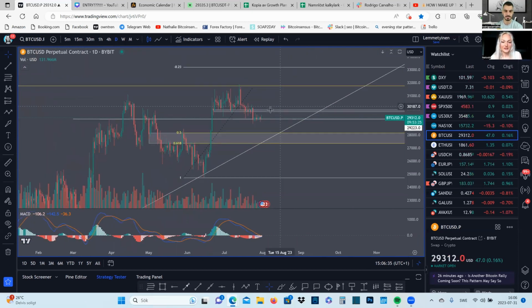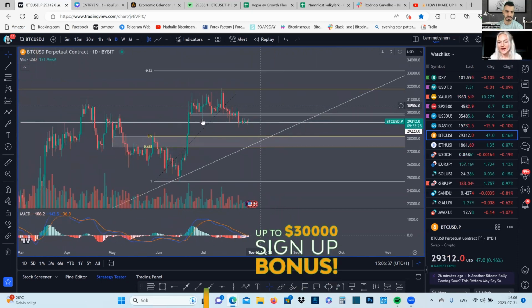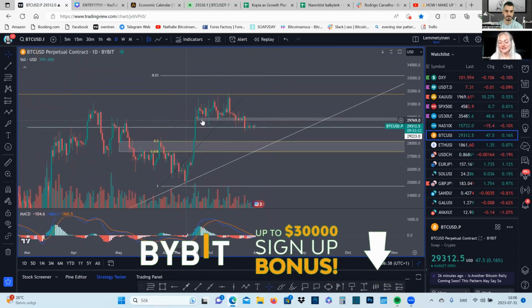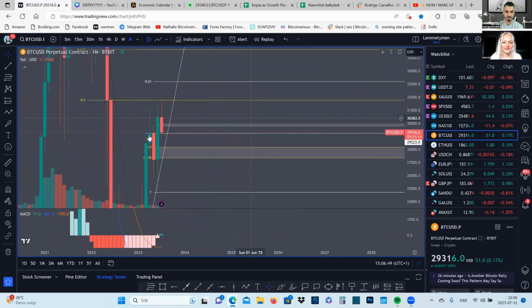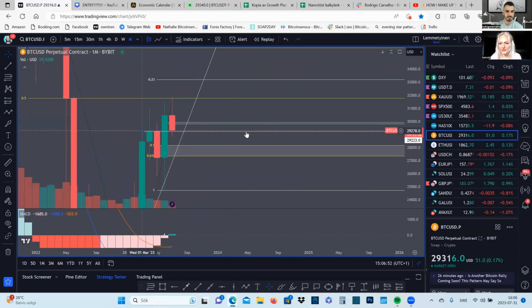So just looking at the lower time frames now, on the daily, we did break the support level at 29,865. I'm just going to jump in between here now. On the monthly chart, what I did was that I took this white line around 29,230.